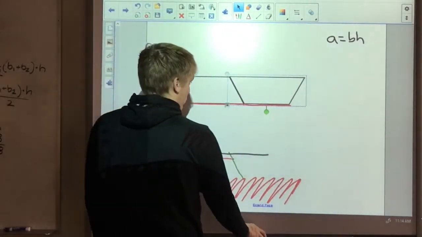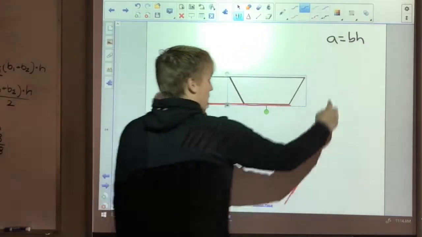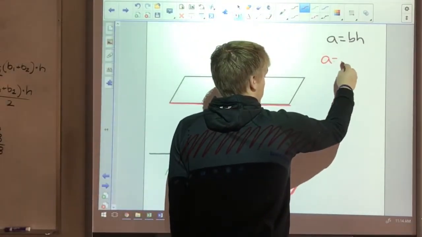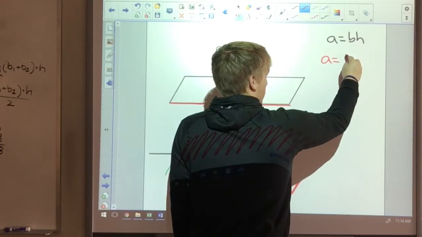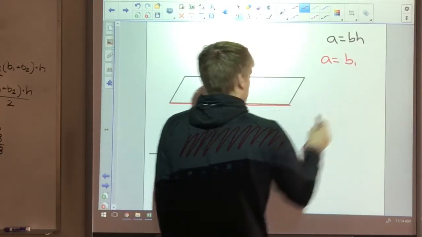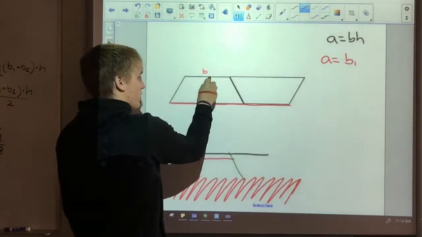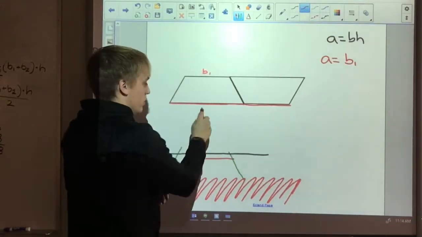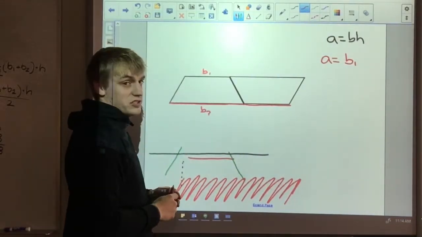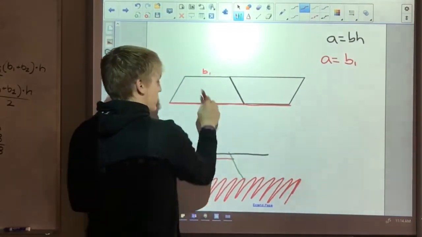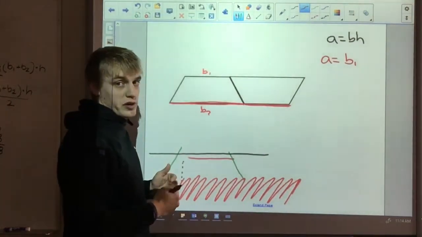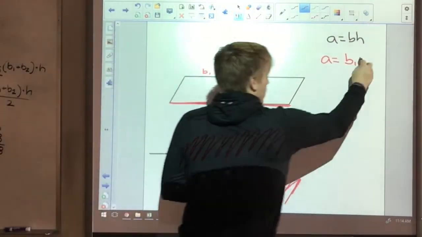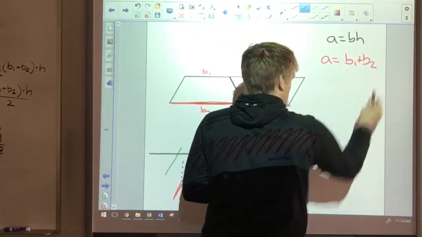Okay, so our formula would look like area equals base 1, the first parallel line, we call base 1. Second parallel line we call base 2. Okay, and those bases end up equaling what it would if it was a parallelogram. So we add these together, base 1 plus base 2.